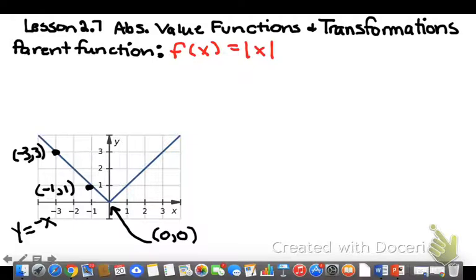So there's my (-x, y). And then on the right-hand side, we end up with (1, 1). And we could go right 3, up 3, and we have our y = x. Both are positive.